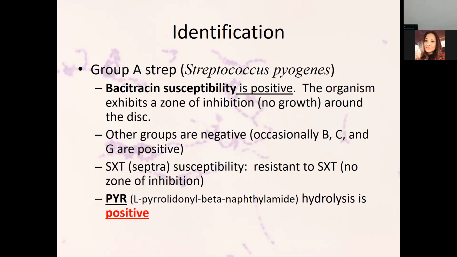It's a little disc that's impregnated with pyrrolidonyl beta naphthalamide. I'm not going to have you have to know that at all. Just remember PYR. But if this organism can produce the enzyme that breaks that down, hydrolyzes it, it's considered positive. So group A, Streptococcus pyogenes, is considered PYR positive.